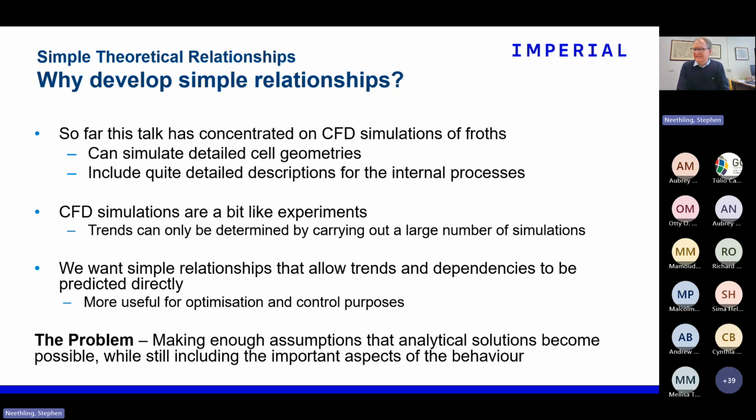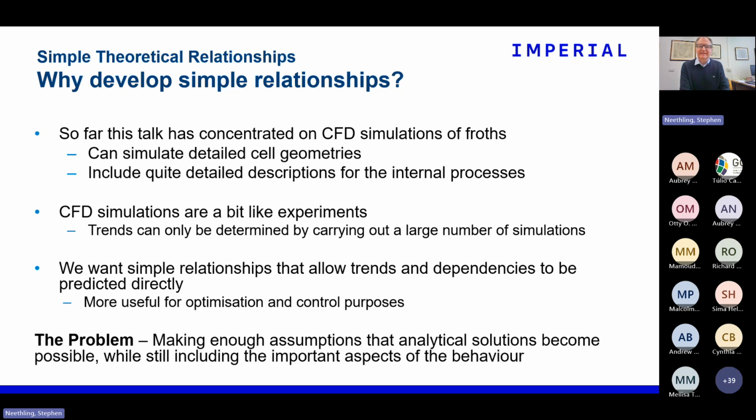But the problem with any CFD simulation, whether it's in flotation or any other system, is they are a bit like experiments. You can only get trends out of them by doing a large number of simulations. Same as you can get trends out of a large number of experiments, you can get trends out of a large number of CFD simulations.